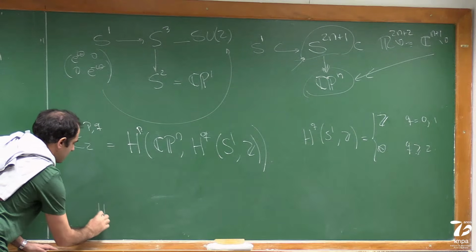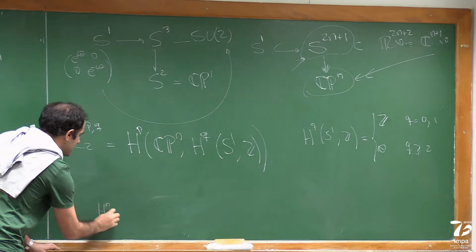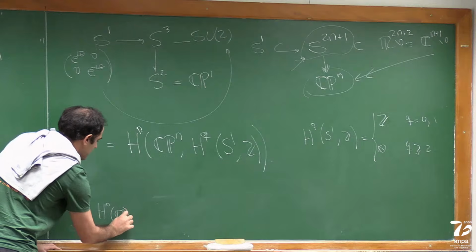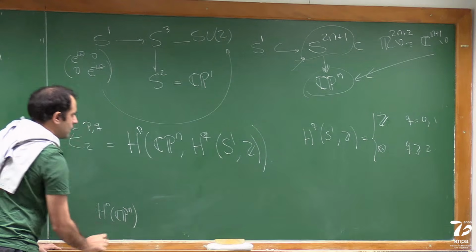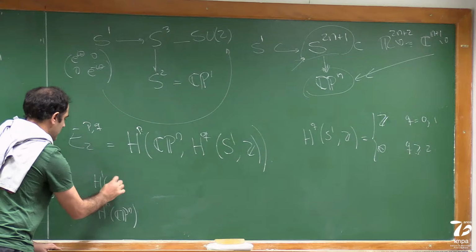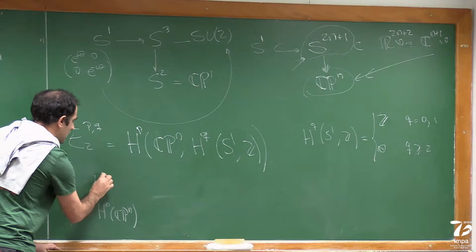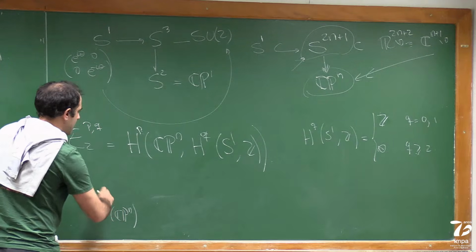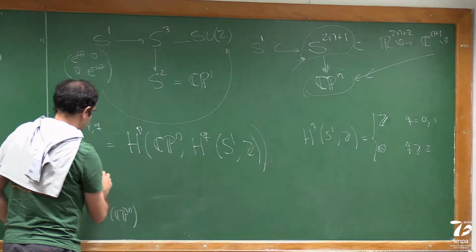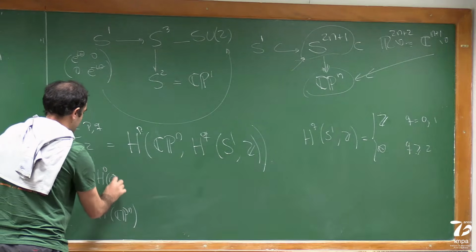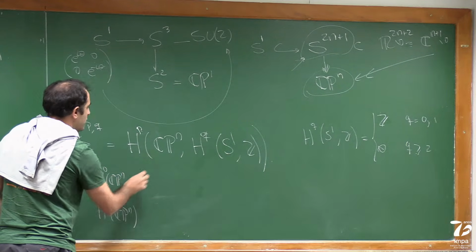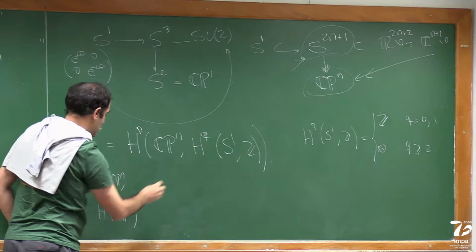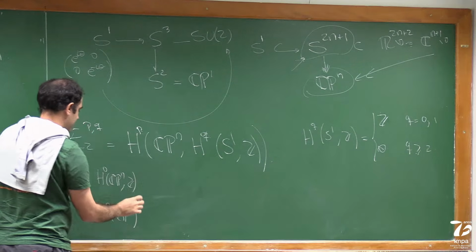So it has an H0 of CP^n with coefficient Z. I have an H0 of CP^n with coefficient in H1 of S1, which is another copy of Z. So its coefficient is Z.